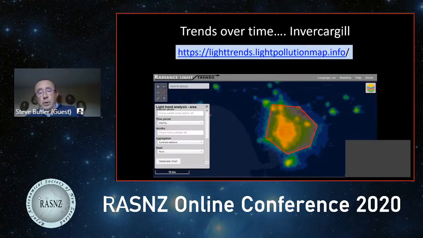So what we're starting to look at is a second website dealing with the same information from the various satellite light trends, lightpollutionmap.info, and again this is a chart of Invercargill. There's a little toolbox on the upper left hand side of the screenshot with the red polygon.